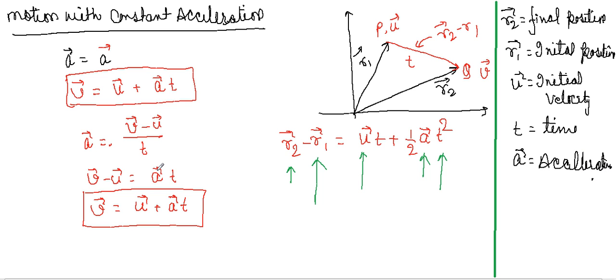Just keep in mind we can use this formula only when acceleration is constant. We cannot use this formula anywhere. When acceleration is varying, we cannot use this formula. Okay, next.